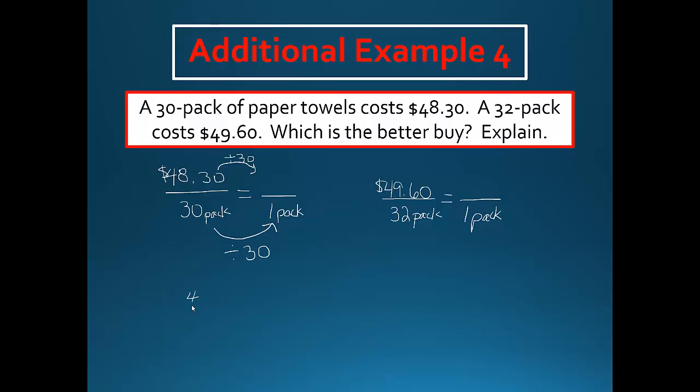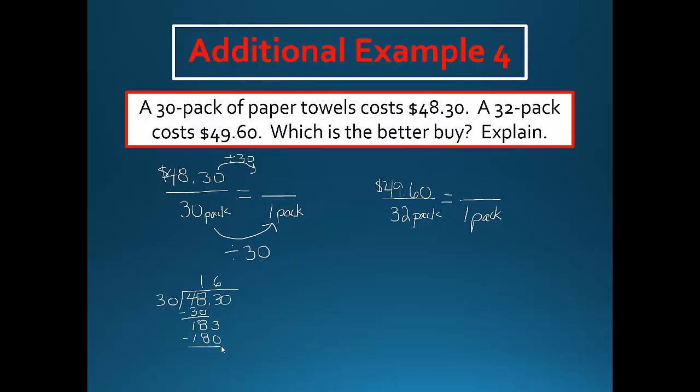So if I have $48.30 and I'm dividing that by 30, 30 will go into 48 one time, and that's 30. And then I'll subtract, and I get 18. Then I bring down my 3. 30 will go into 183 6 times, and 6 times 30 is 180.